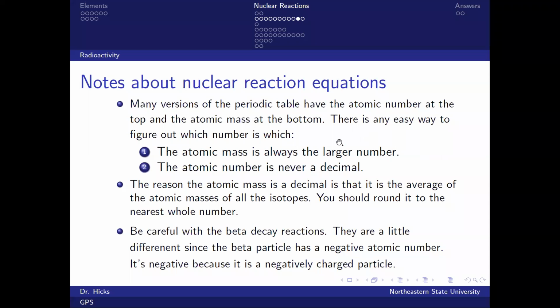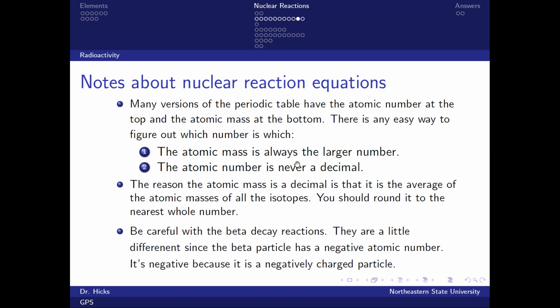All right, so just to wrap up some of the radioactivity for now, and then we'll get into some of the other types of changes that nuclei can undergo. The atomic mass is always going to be the bigger of the two numbers between atomic mass and atomic number.